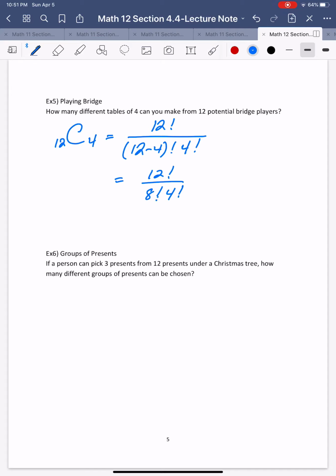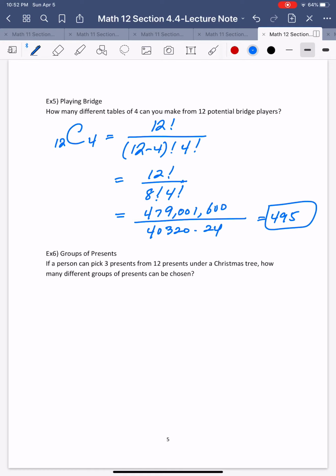When you use a calculator, there is a factorial function, which I think I want to maybe post a video that you can watch. Okay. All right. So if you compute this, it becomes 479,001,600 divided by 40,320 multiplied by 24, which becomes 495.